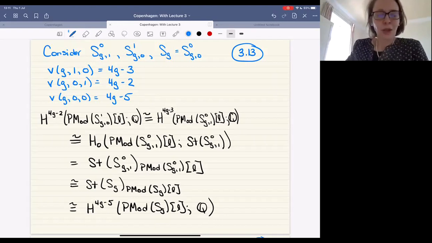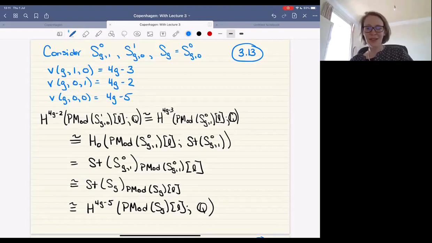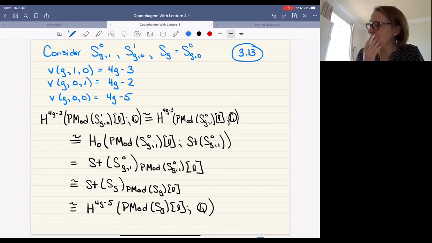And what we do here is take us through a basic calculation. It's just a basic homology calculation, and in the interest of time, I won't spend too much time on this.